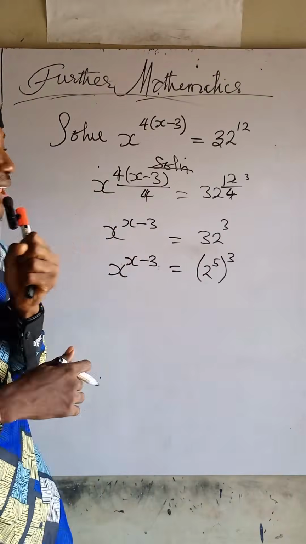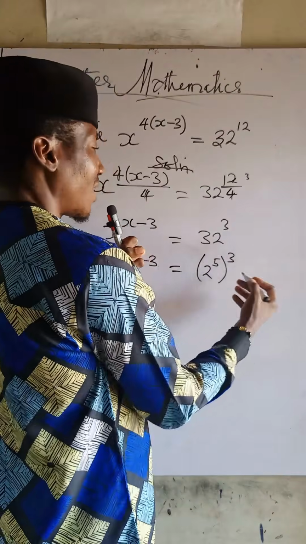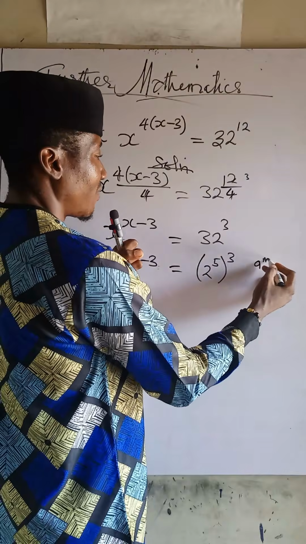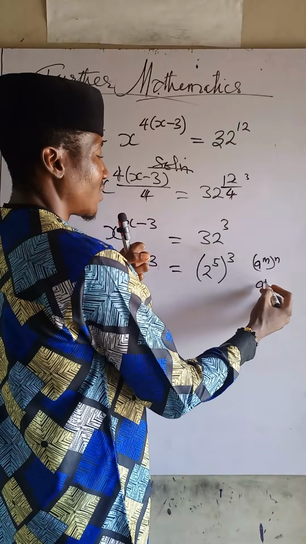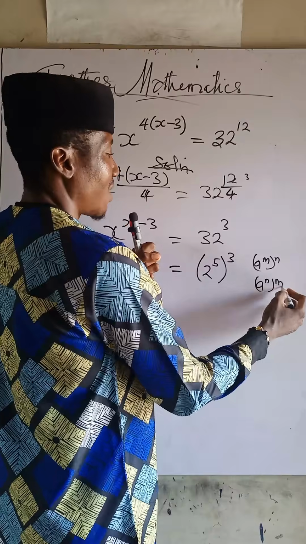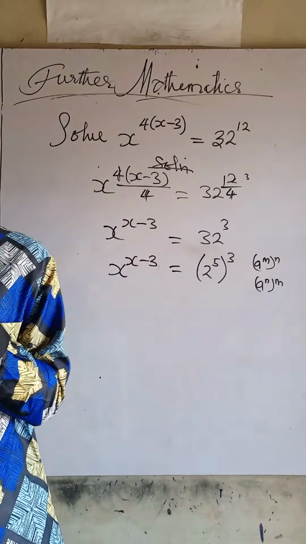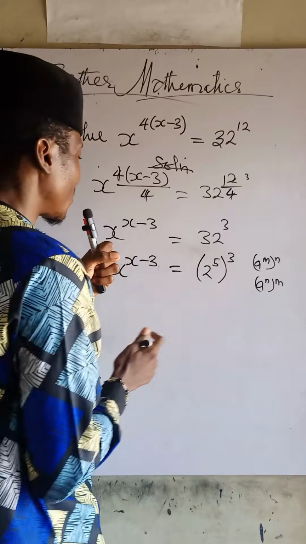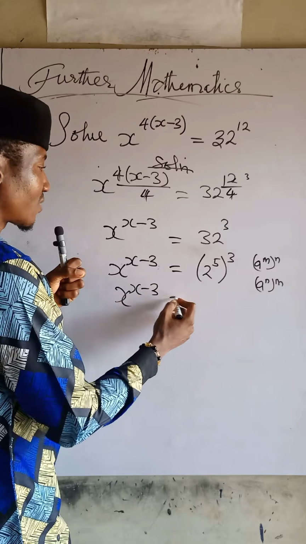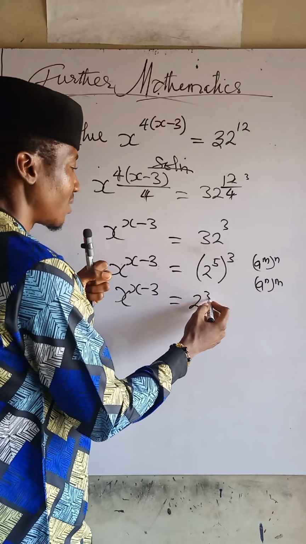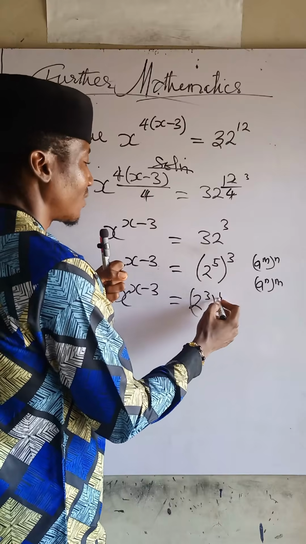There's another law of indices where you have a raised to the power of m times n is the same thing as a raised to the power of n times m. That is, you interchange the powers. So in this case we can interchange this one, that is x minus 3 is equal to 2 raised to the power of 3 times 5.